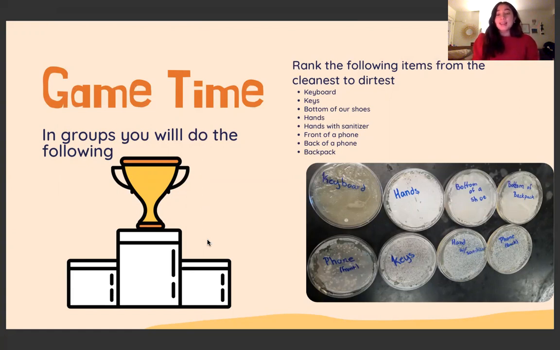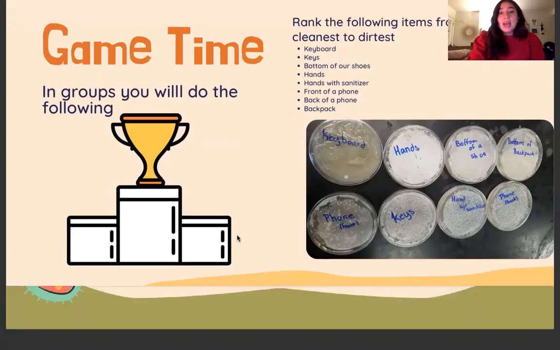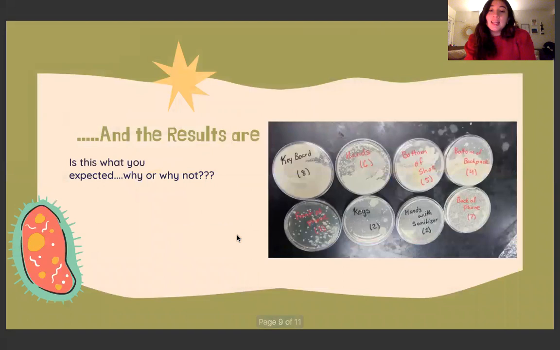And then at the end of the time needed, I would probably say maybe like 5 minutes, you can go back and have a discussion about what everyone thought was the cleanest versus the dirtiest item and see who got the closest to the actual results. And that is going to be in these next slides.